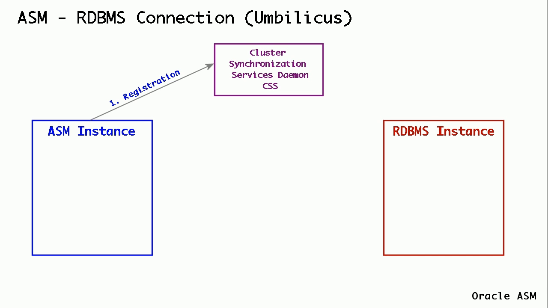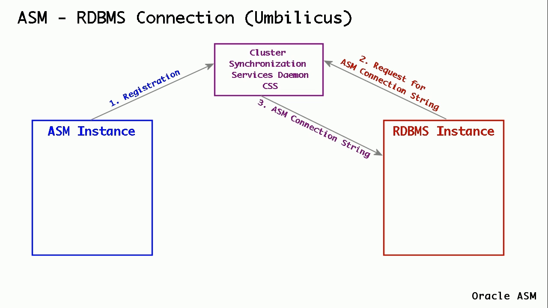The first time the Database Instance needs to access an ASM file, it needs to establish a connection to an ASM instance. Database Instance contacts cluster synchronization services with a request for connection string to an ASM instance. Cluster synchronization services provides the ASM connection string to the database instance.